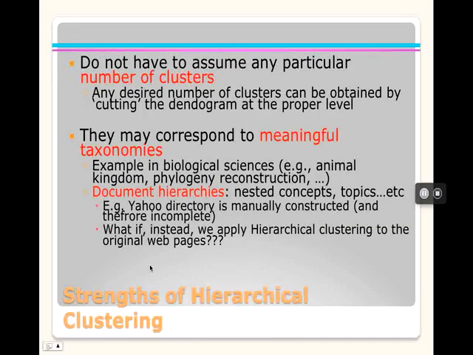So those are the two different techniques in hierarchical clustering. One of its strengths is that you don't have to assume the number of clusters from the beginning, as we saw in k-means. In k-means we always needed to know the k: 3 clusters, 6 clusters, or 10, which means k equal to 10.